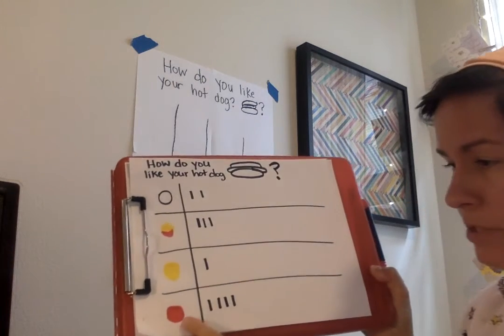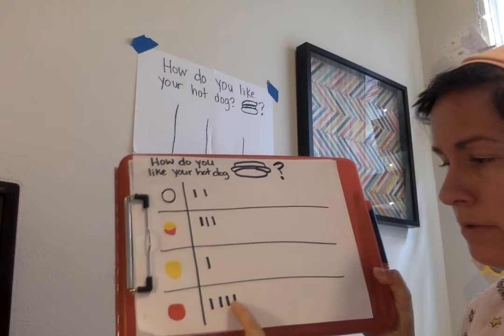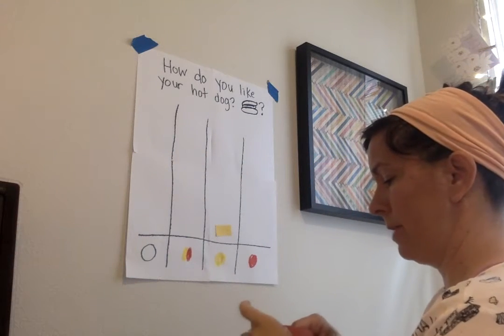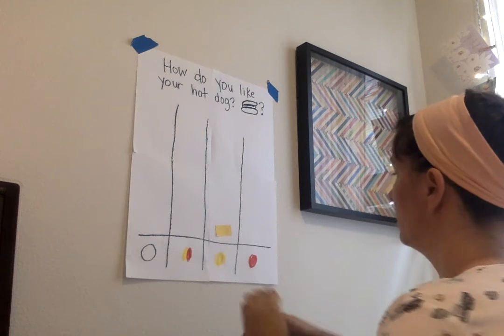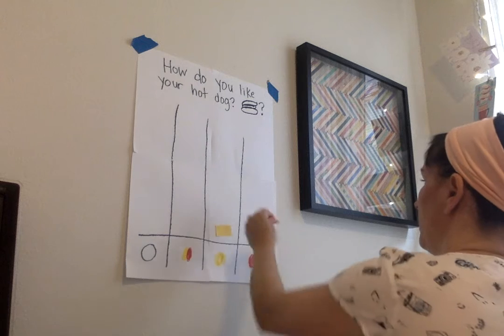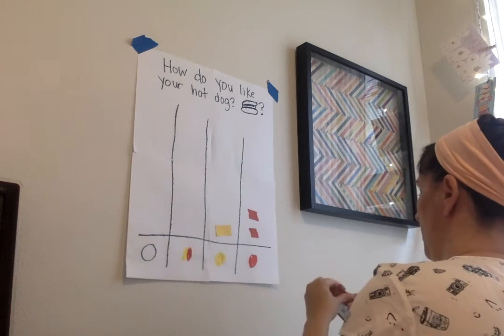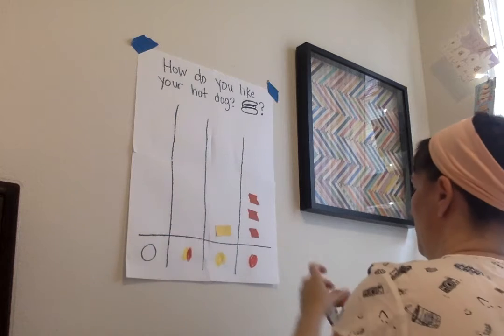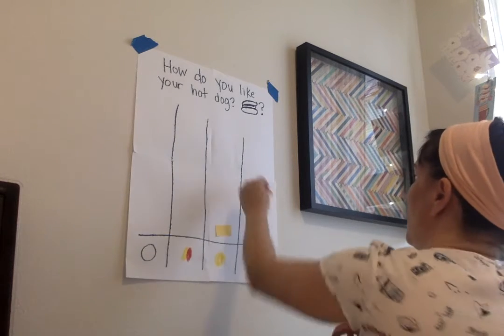Let's count again how many, just like ketchup. 1, 2, 3, 4. So I might just tear off 4 little pieces of red tape. 1, 2, 3, and 4.